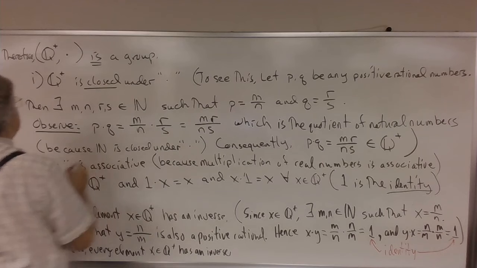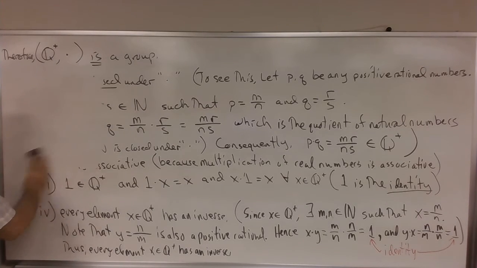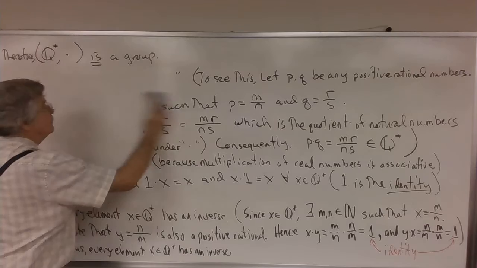So the set of positive rational numbers under the operation of multiplication is a group. All of the four group axioms are satisfied.